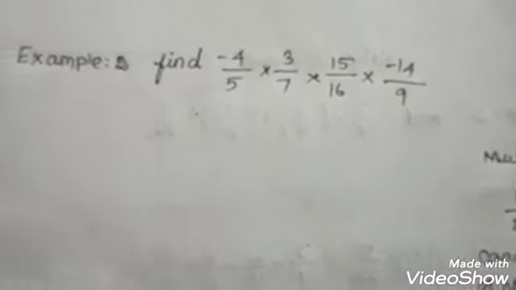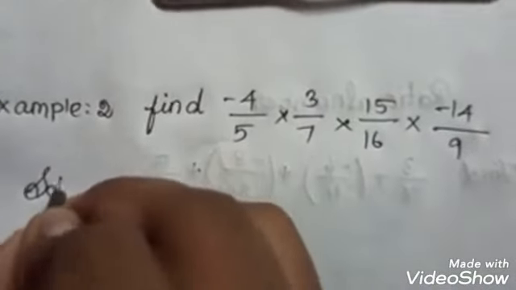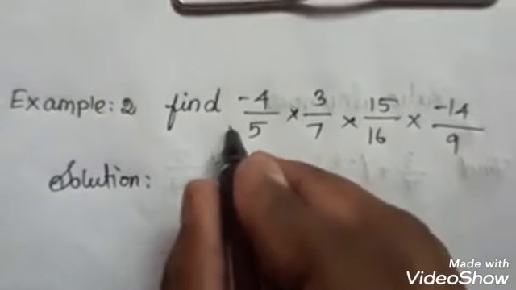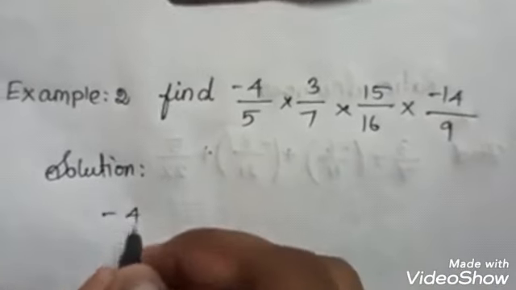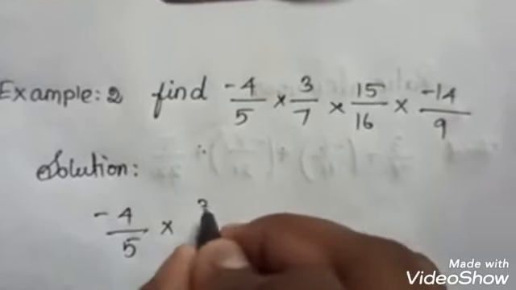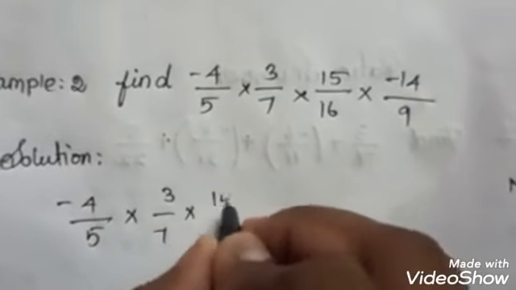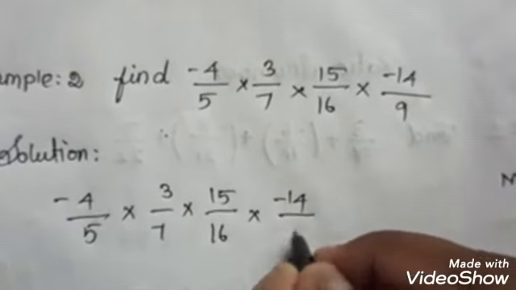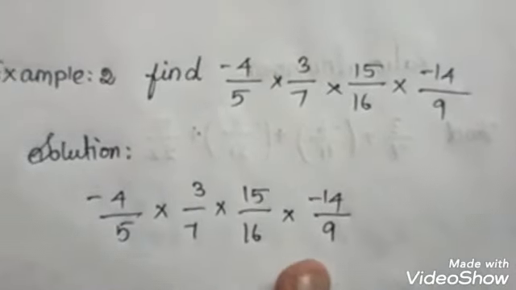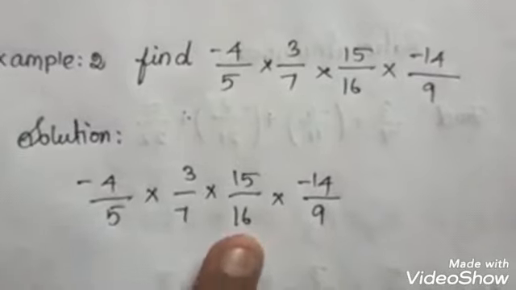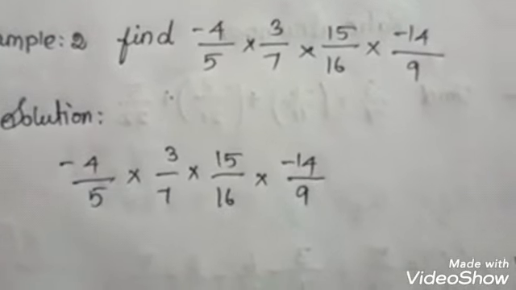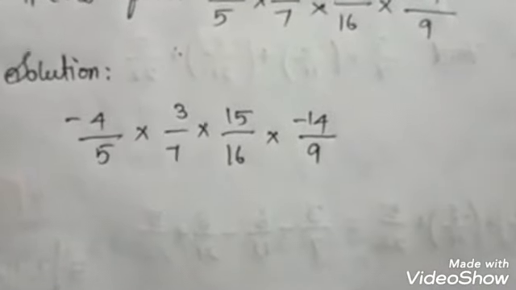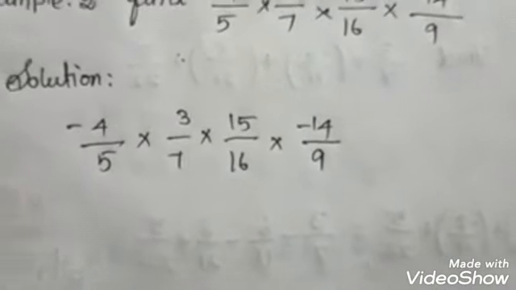Now we have to see the solution for this. It is a very easy sum. So I just write the question. Minus 4 by 5 into 3 by 7 into 15 by 16 into minus 14 by 9. Already I told, in a multiplication you have to multiply all the numerators and denominators, and you have to mention the symbols also.